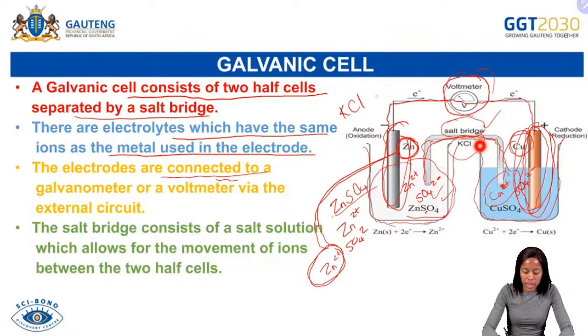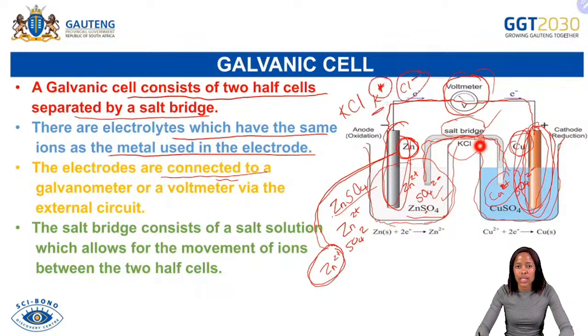It's going to break down into K+ and Cl minus. Because you will see that you find your potassium in group number 1, so it has a charge of plus 1. Then you find your chlorine on the periodic table in group number 7 or group number 17. So therefore it will have a charge of minus 1 there.